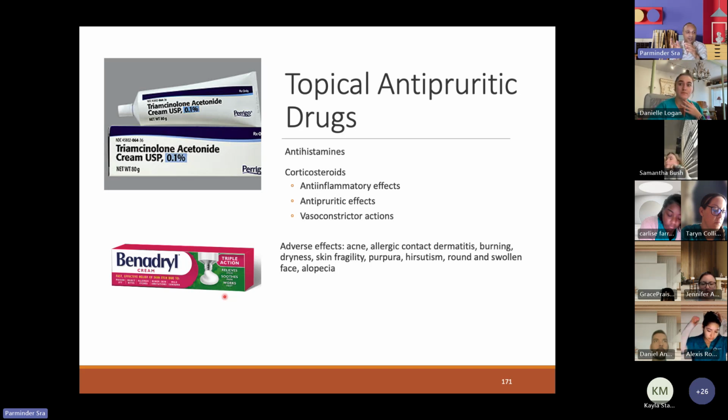So your body releases histamine. Now, Benadryl, diphenhydramine, is an antihistamine, and when you apply it, it helps reduce that itching. But in severe cases, the patient may need a steroid, such as your triamcinolone, shown here, to suppress that response.